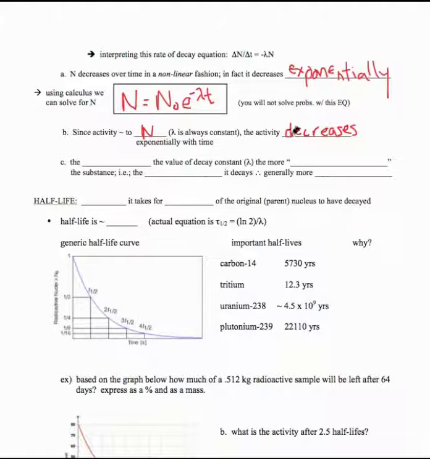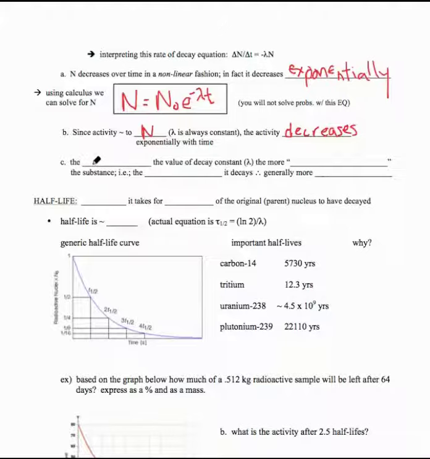It's an exponential drop. So to summarize, N drops with time exponentially, activity drops exponentially with time, and lambda does not change whatsoever. The probability that decay is going to occur, which lambda is an indirect measure of, is going to stay the same.